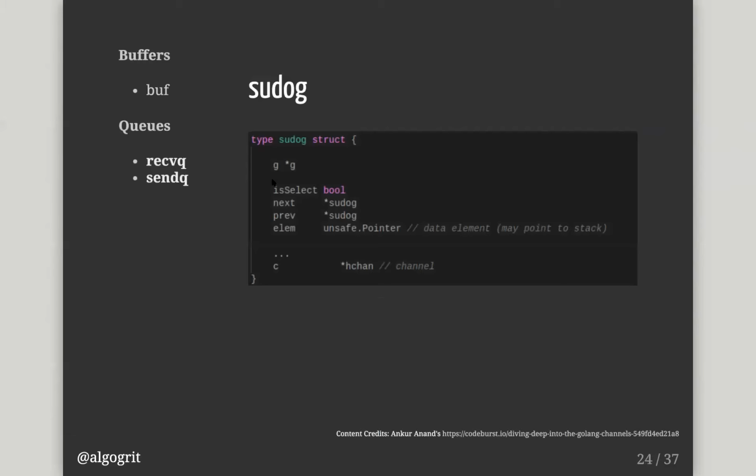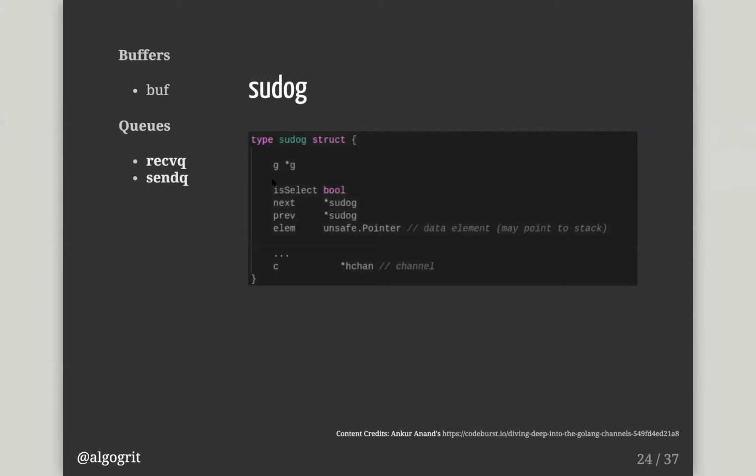So what are queues? What are this receive queue and send queue? Receive queue and send queue are both of type sudog. Sudog is a special type which holds the information of where you are writing from or reading from the channel.